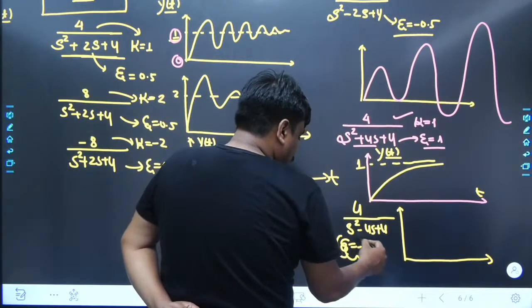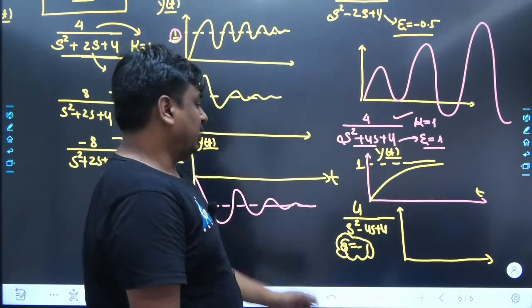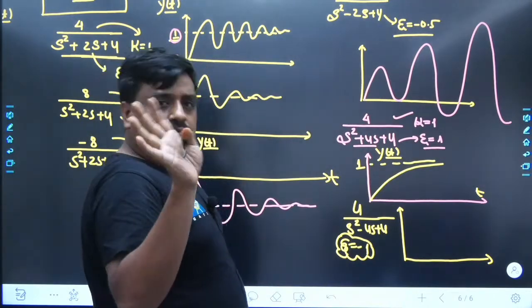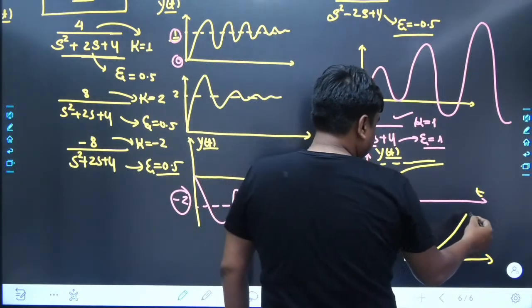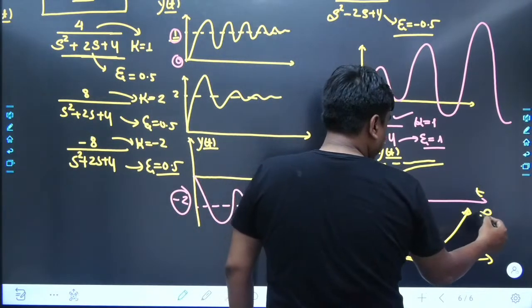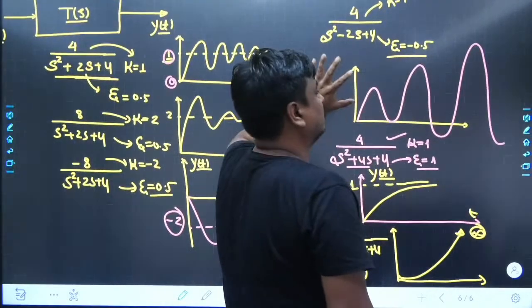Whenever zeta goes beyond plus 1, equals to 1, whenever zeta goes beyond minus 1, including minus 1, there would be only and only exponential waveform, and here it would keep increasing and go towards infinity. Like here it was keep oscillating and still the output was unbounded.